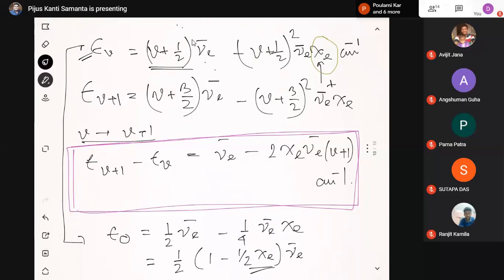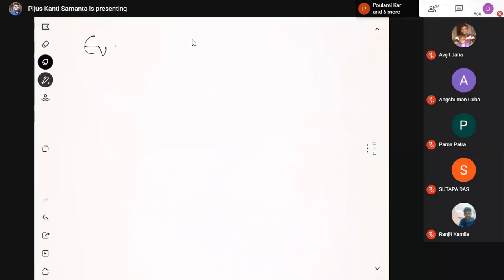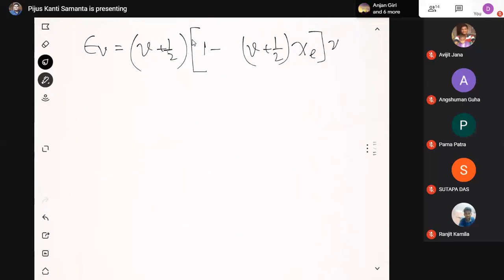It will look like this: taking v plus half as common and mu bar as common, this will be 1 minus xe times v plus half, and mu bar is obviously there. So this is also another form.